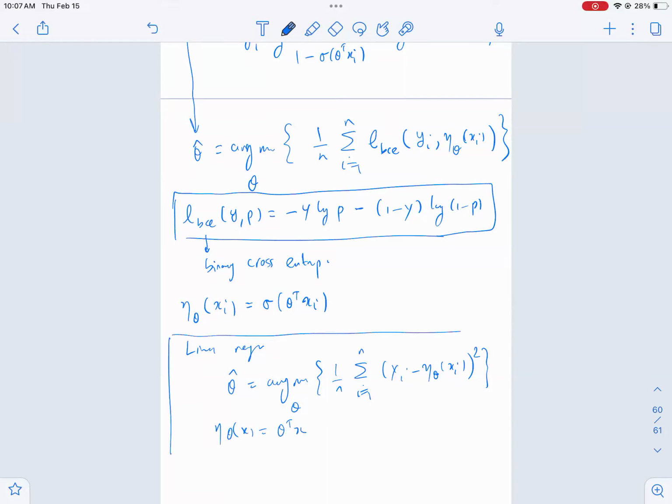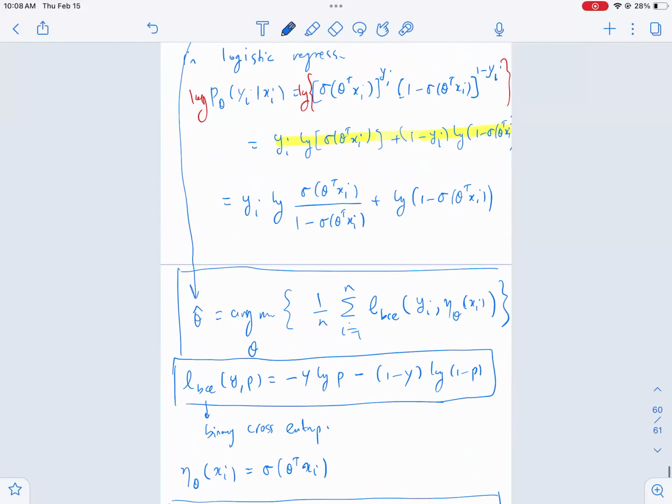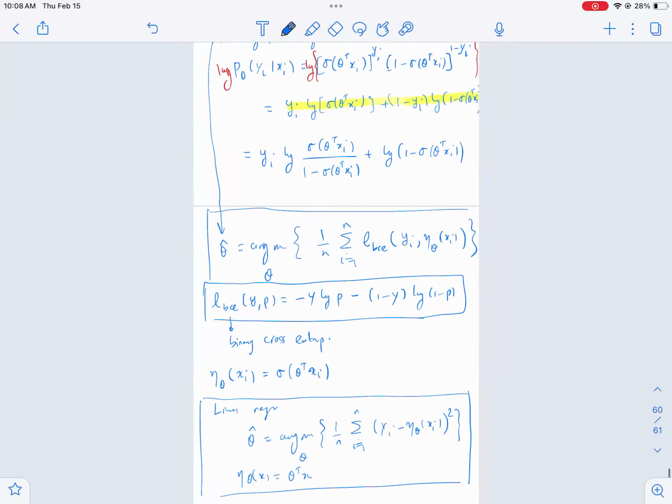We call this f theta. So that was linear regression with quadratic loss. This is logistic regression with the loss that comes out of the end of it. Okay. So they look very similar.